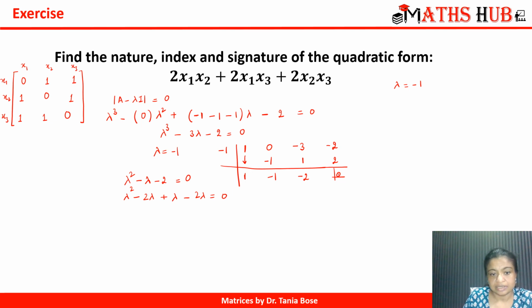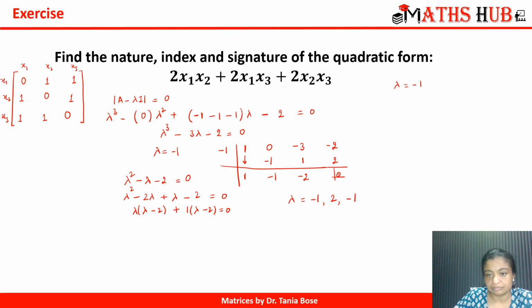So now from here, I can take lambda common: lambda plus 1 into lambda minus 2. So my roots are basically minus 1, 2 and minus 1. So these are my eigenvalues, right?